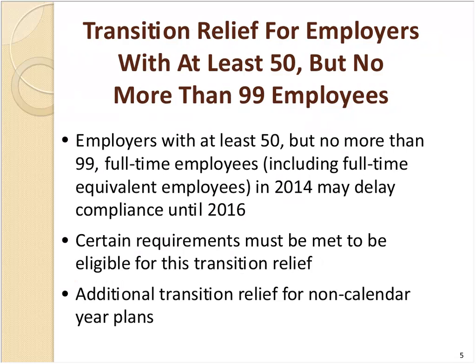As I've indicated, employers with at least 50 but no more than 99 full-time employees, including the full-time equivalents in 2014, were allowed to delay compliance until 2016, subject to the conditions for that deferral.